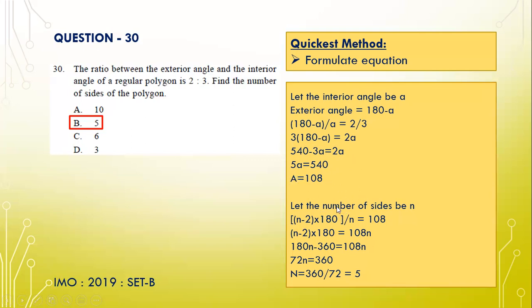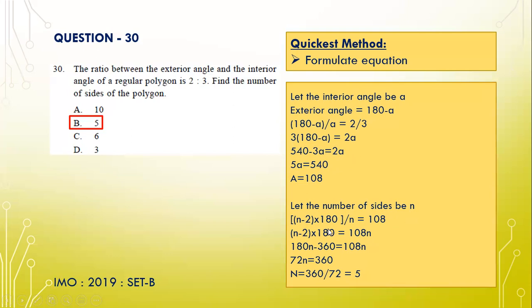And what is the formula? If the number of sides is n, then the interior angle is n minus 2 into 180 upon n. It is the formula for interior angles: number of sides minus 2 into 180 divided by number of sides. So n minus 2 into 180 is, when you take n there, it will be multiplication, 108n.